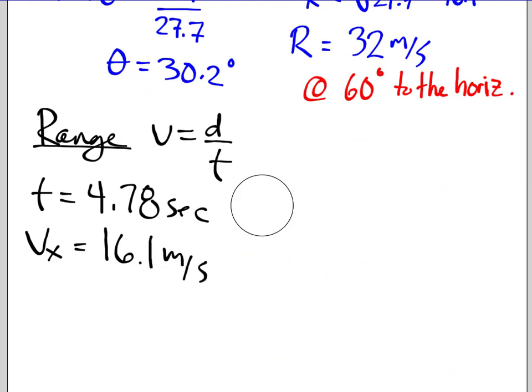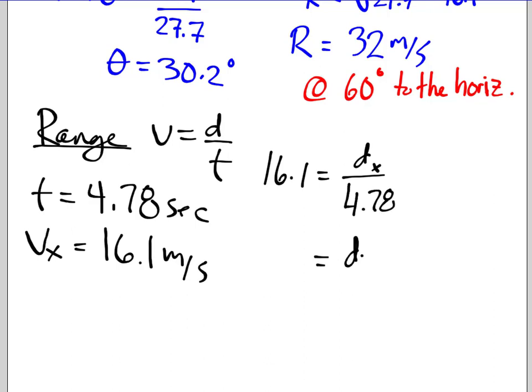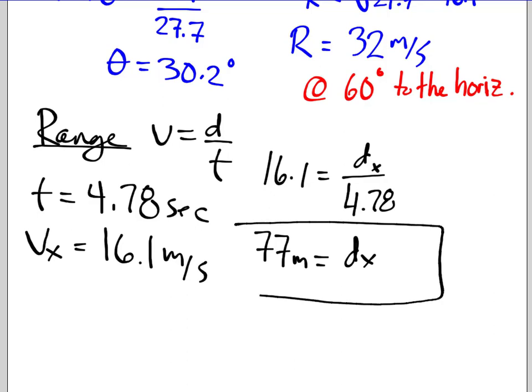And if we substitute those values in, we can find our range just by multiplying them together. So 16.1 times 4.78 is 77 meters. So that would be our range.